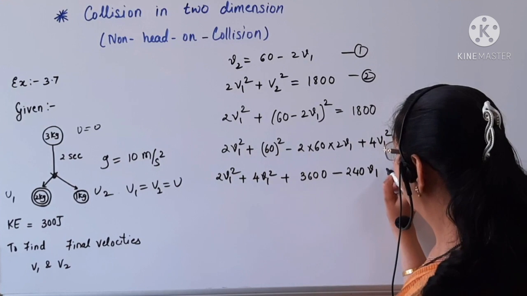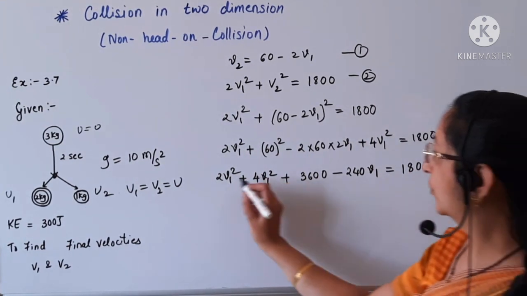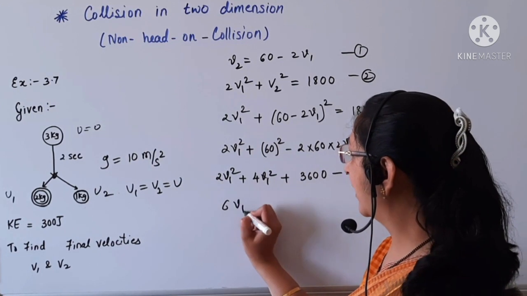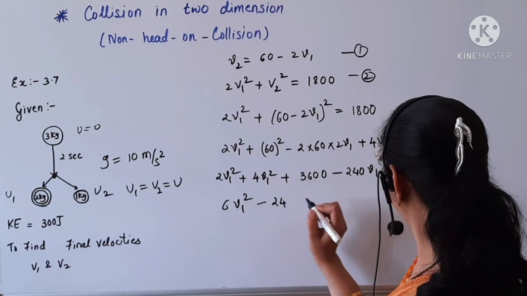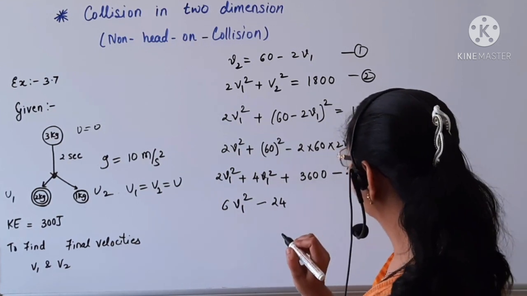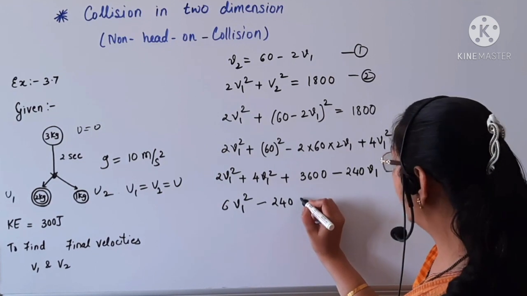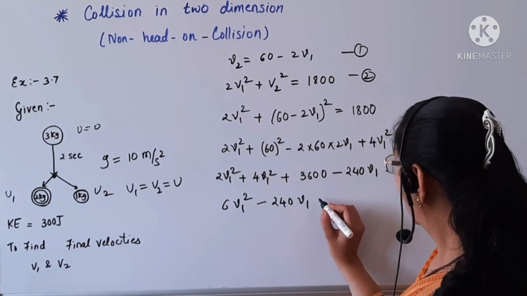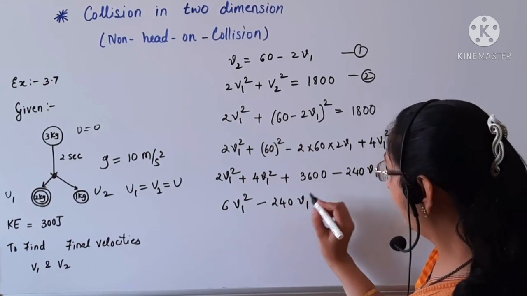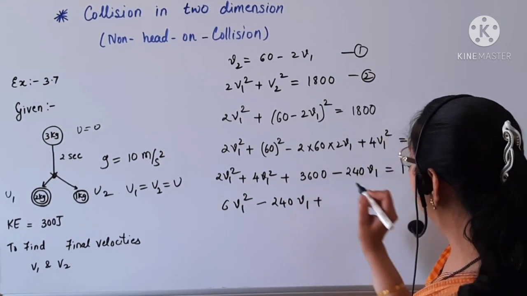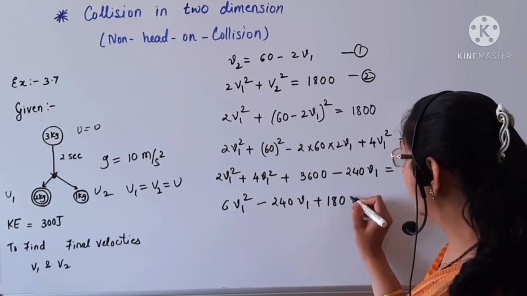v1, this is equal to 1800. So here we add up 6v1 square minus 240 v1. We take this 1800 on the left side, so we get 3600 minus 1800, that is 1800.